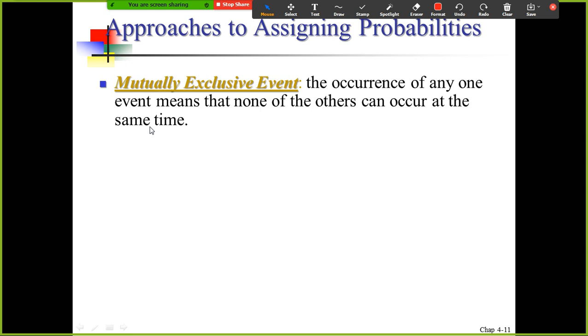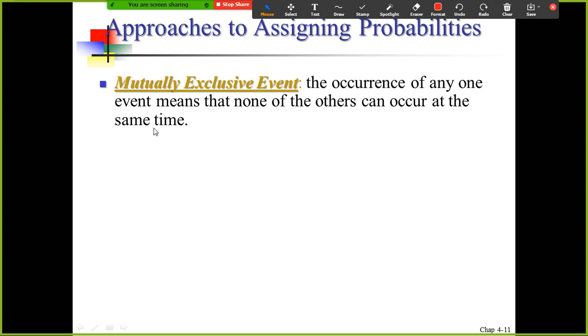If male comes, female cannot. That's why male is a mutually exclusive event from female, or female is a mutually exclusive event from male.